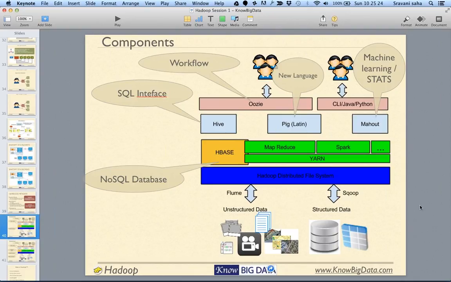Name node is a singular entity, it is not highly available. Okay. Zookeeper is again a collection of nodes which keep on automatically making somebody a leader so that others can talk to it. Okay.